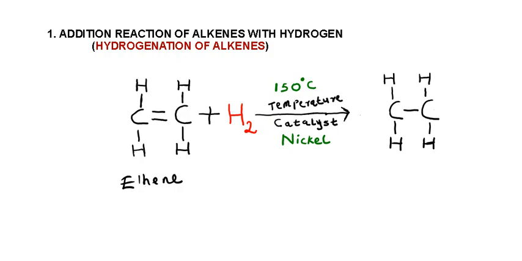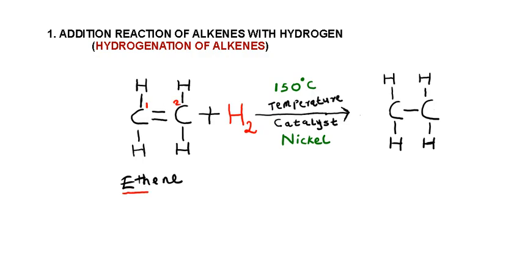Why is it called ethene? It is called ethene because it has two carbons. So it has two carbons, 1 and 2. So 2 carbons is called eth.